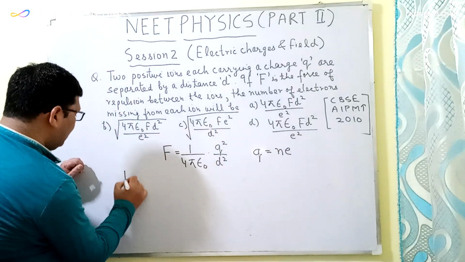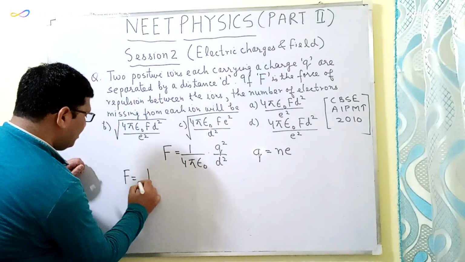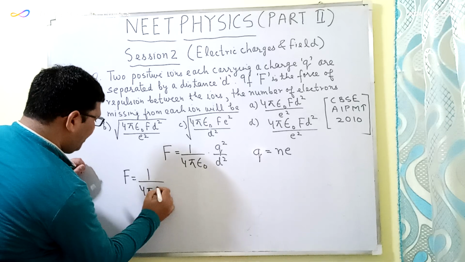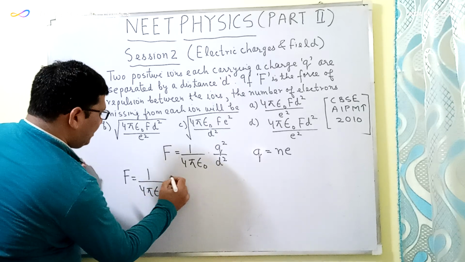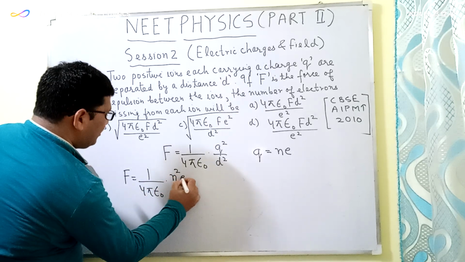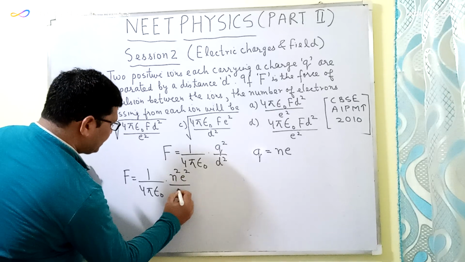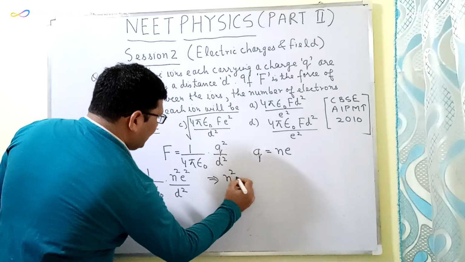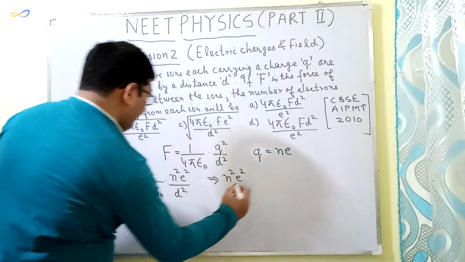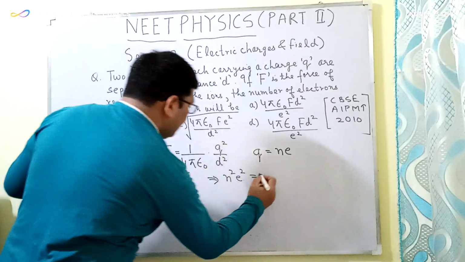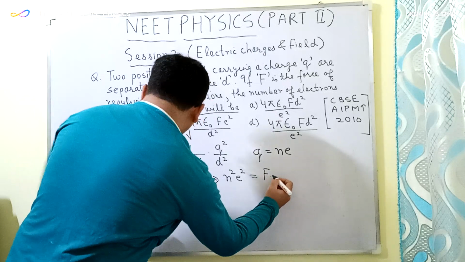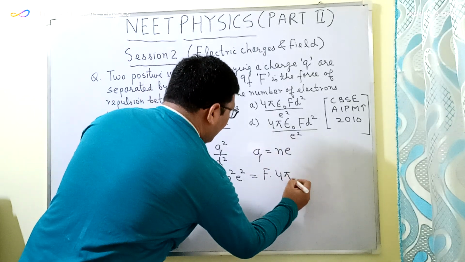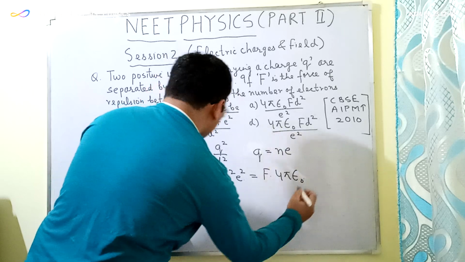So what I will be getting is F is equal to 1 by 4 pi epsilon naught n square e square divided by d square. So it implies that n square e square is equal to F multiplied by 4 pi epsilon naught d square.